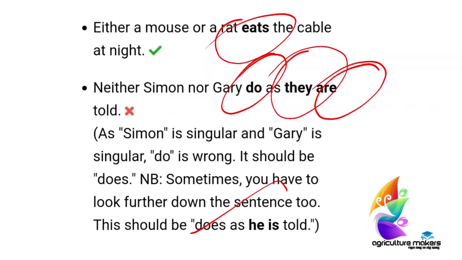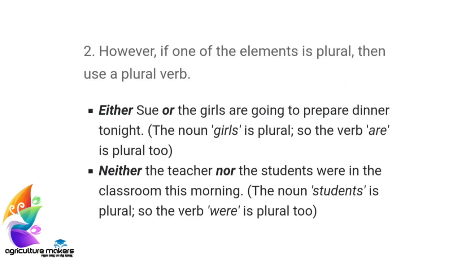And the most important thing, here both mouse and rat are said to be singular in nature. So we are using a singular verb. But if any one of them is said to be plural, then what will be the case? Come on, we can see that. Yes, however, if one of the elements is plural, then we should use the plural verb.